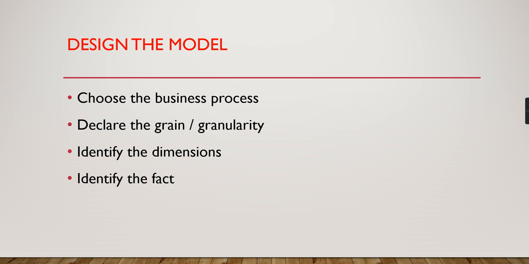The different steps you need to understand are: choose the business process, declare the grain, identify the dimensions, identify the facts. Then you can build your dimensional model. These are the steps you need to follow. Let us consider sales. Consider the AdventureWorks database, which sells bikes.